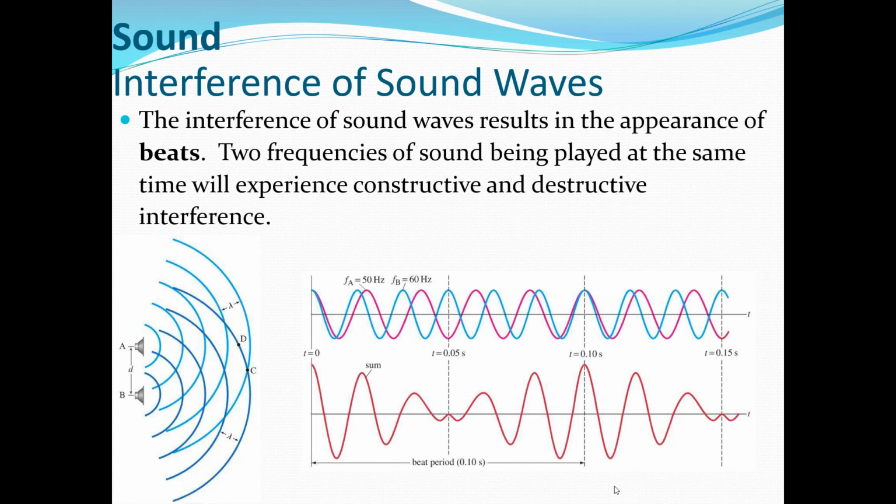If we do the math, that gives us a beat frequency of 10 hertz. Now, if you notice, this frequency is 50 hertz, this frequency is 60 hertz, and the beat frequency is 10 hertz. So it turns out that the beat frequency will actually be the difference of the initial frequencies that we had.